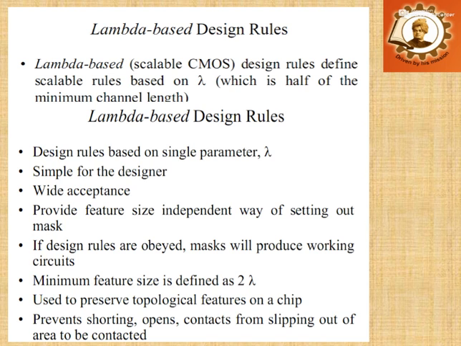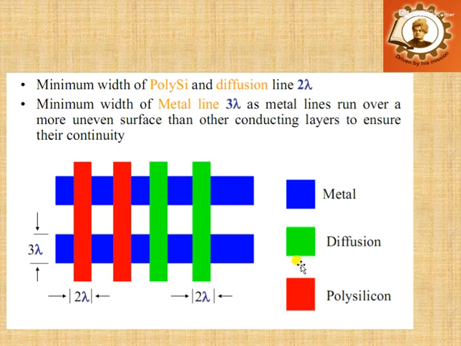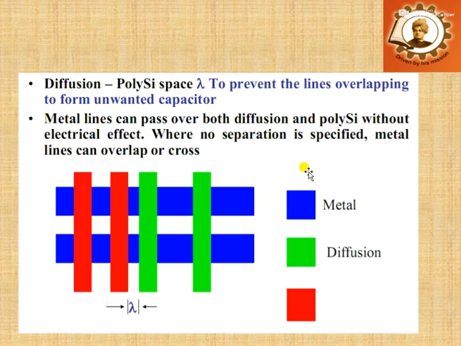So let us take some design rules, the MOSIS design rules. For metal, the minimum width is 4 lambda. Diffusion minimum space is 4 lambda. Contact area is 2 lambda by 2 lambda. For polysilicon, the minimum width and overlap to diffusion is 2 lambda and minimum spacing is 3 lambda. For N well surrounding the PMOS, avoiding the NMOS, it is 6 lambda.